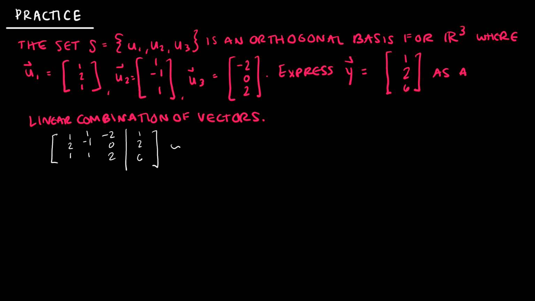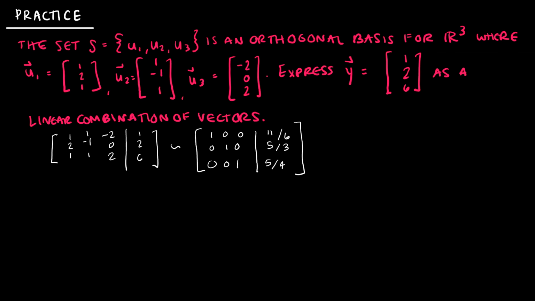And you would do all of your fancy row operations, and when you did, you would get 1, 0, 0, 11 sixths, 0, 1, 0, 5 thirds, 0, 0, 1, 5 fourths.